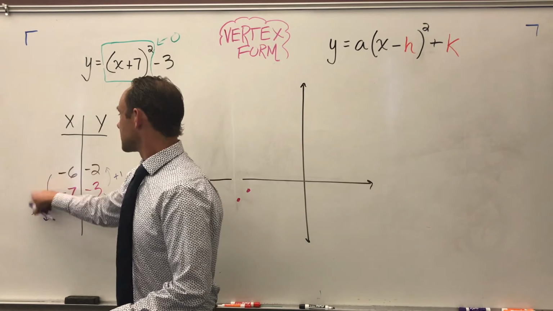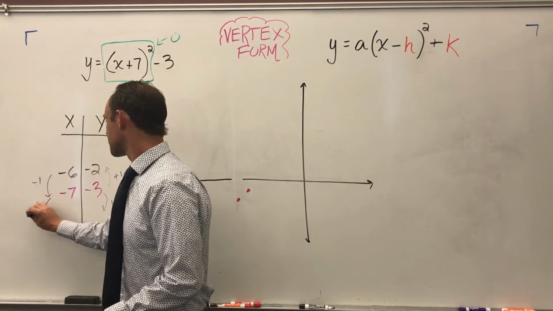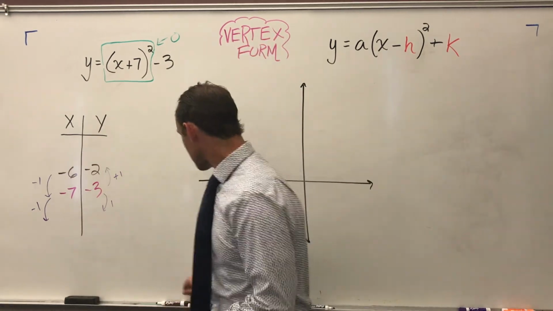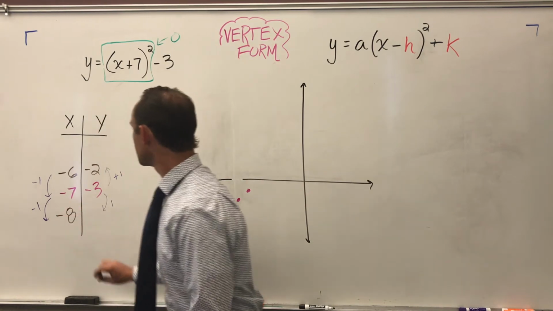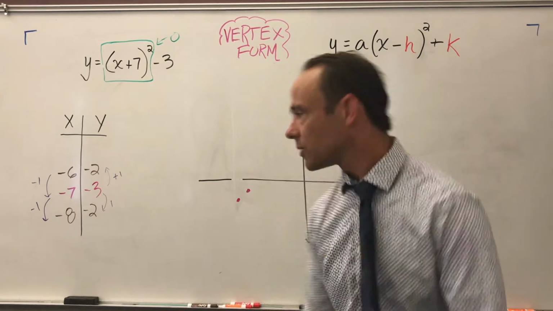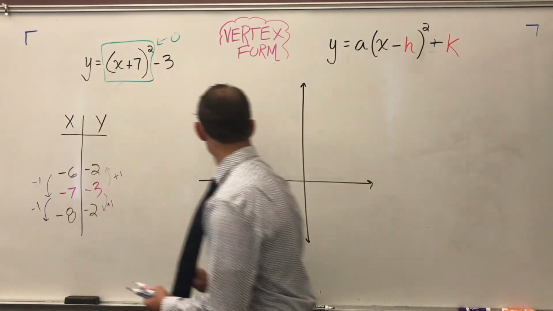And of course, this is a minus because we are going down. Or you could say +(-1). All right, and that would get us to -8, which would also be -2, right? So that's the symmetry. That's what I was trying to point to here.